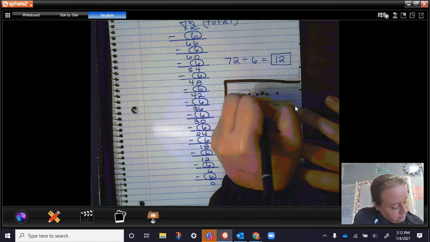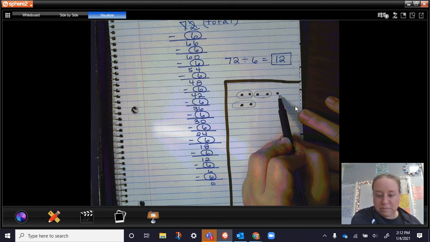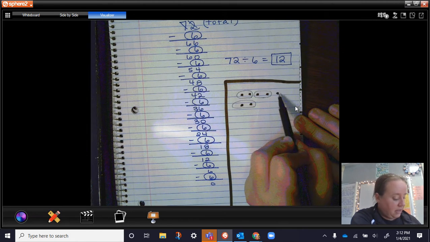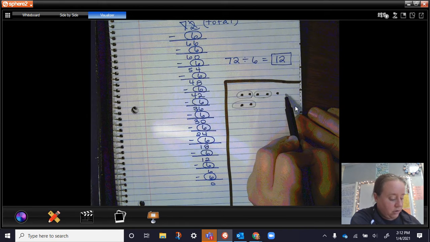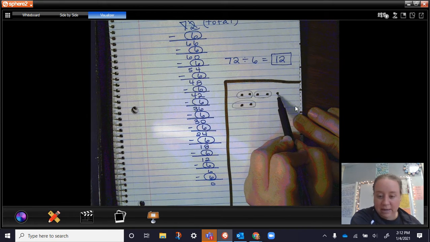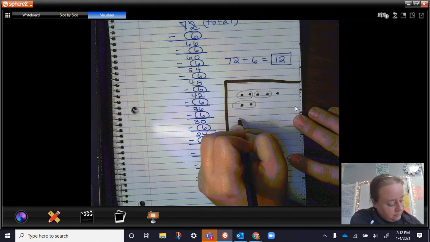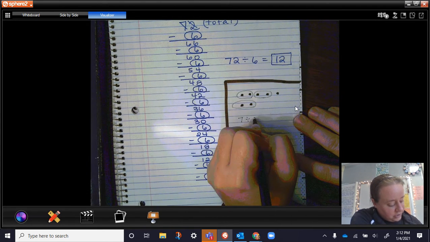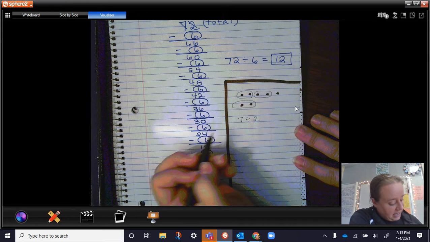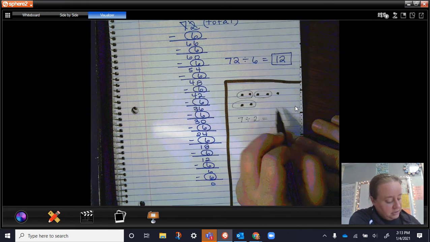Here's another group. And with this last bean, or this last whatever it might be, I don't have another one to circle, so I can't make a group of 2. So here I started off with 7, and I was dividing by 2, but my answer is not going to be even.